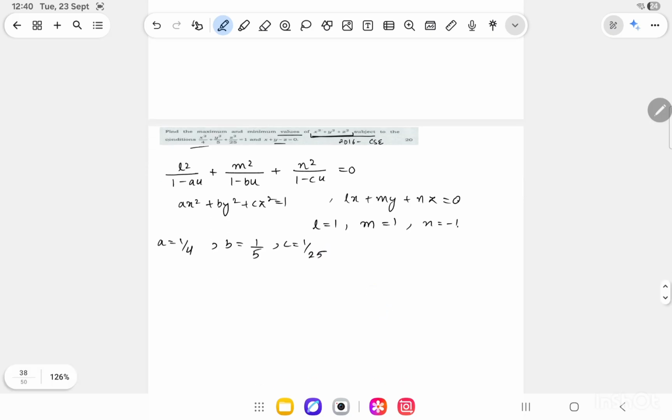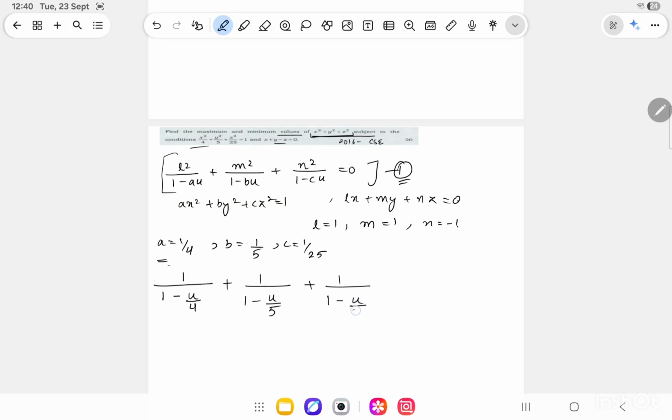So let's plug in these values in equation 1. That will give me 1 divided by 1 minus u by 4 plus 1 divided by 1 minus u by 5 plus 1 divided by 1 minus u by 25 equals to 0.